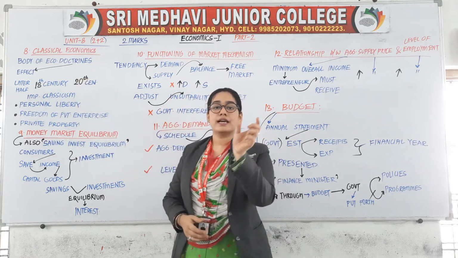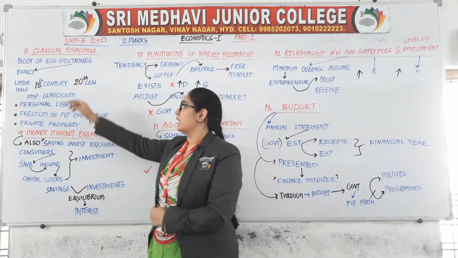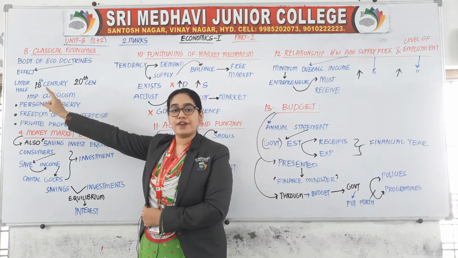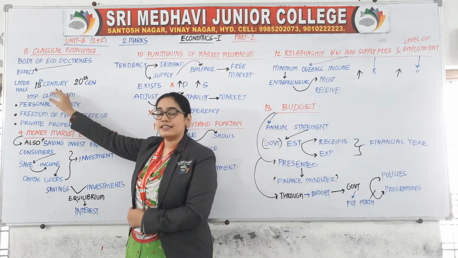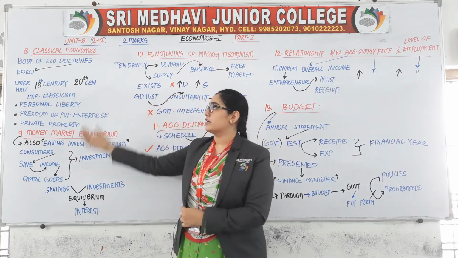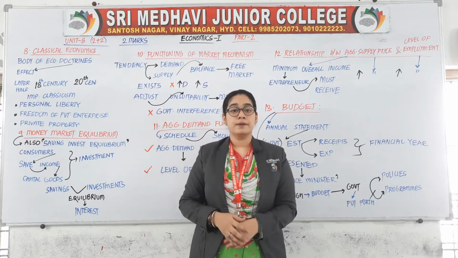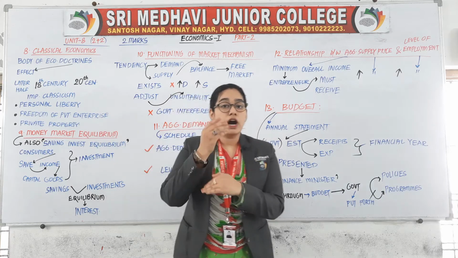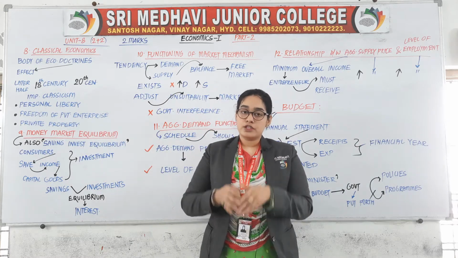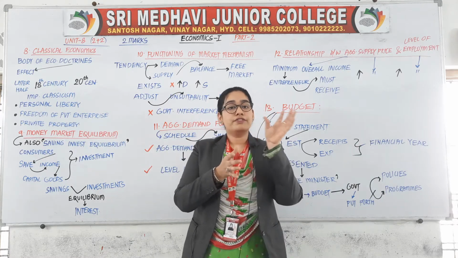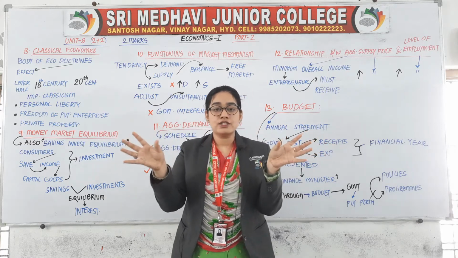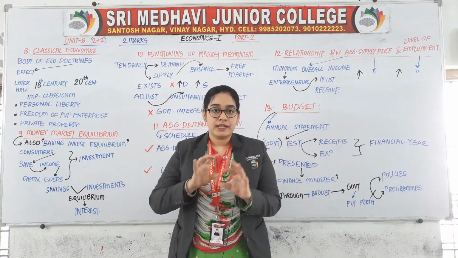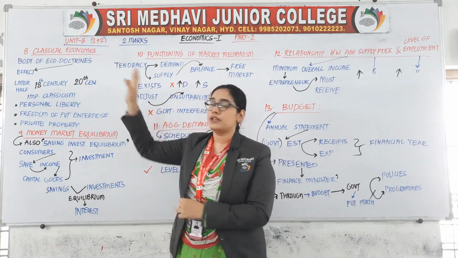The term here is classical economics. It is a body of economic doctrines which came into effect from the later half of the 18th century to the earlier part of the 20th century. So what do you mean by classical economics and who are classical economists? Between the 18th century and the 20th century, whatever economists were there are termed as economic doctrines.